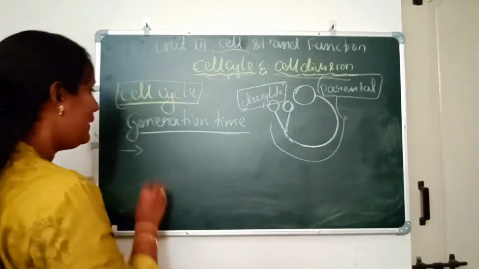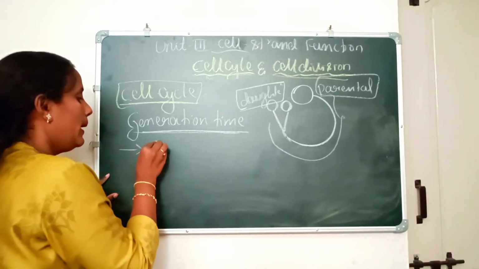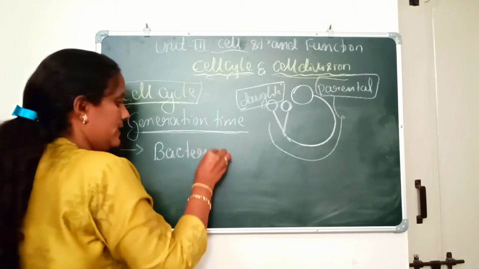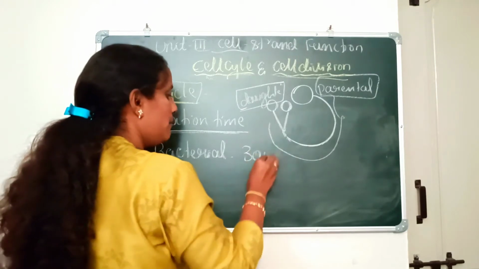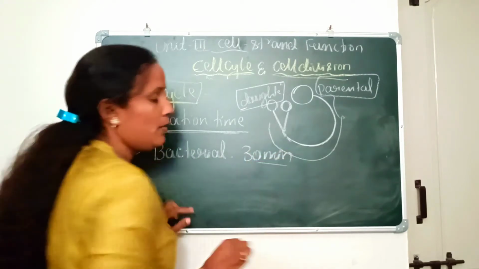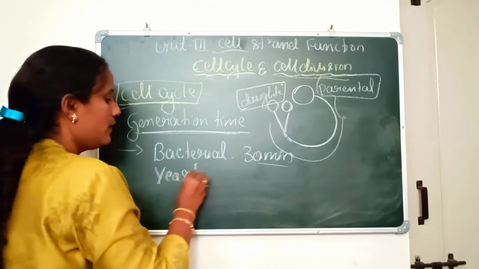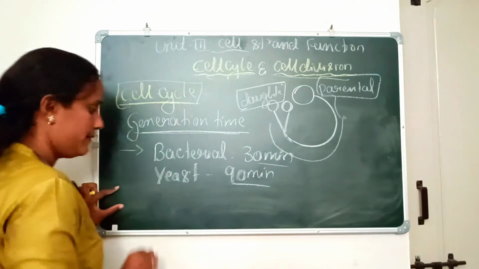Say for example, the generation time of a bacterial cell. If we take a bacterial cell, it will take only 30 minutes to divide and produce two daughter cells. And yeast cells require 90 minutes to divide.